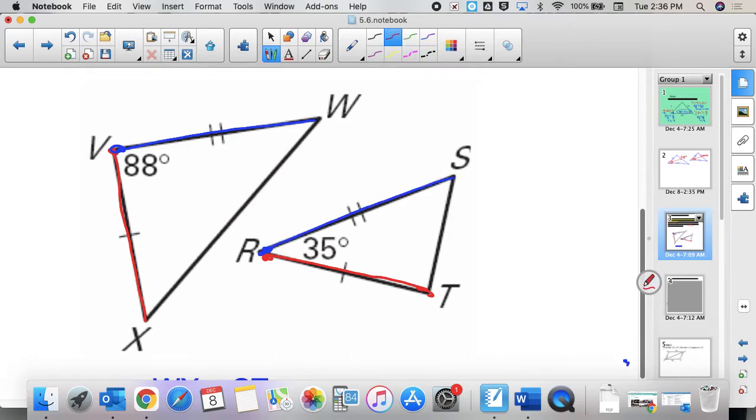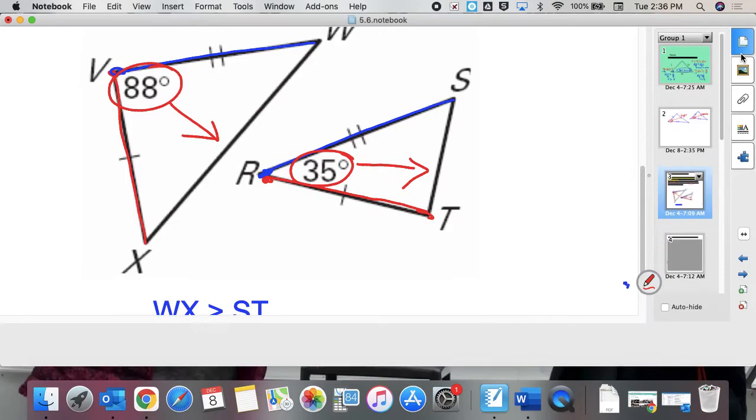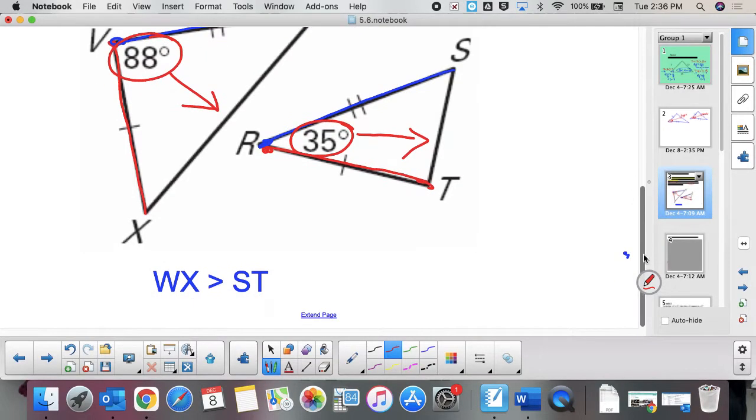If I have two sets of sides being congruent, then I look at that included angle, 88 and 35. The side opposite the 88 will be bigger than the side opposite the 35. And that is what your hinge theorem says here. So in this case, WX will be greater than ST. We don't know how much greater, but it will be bigger than it.